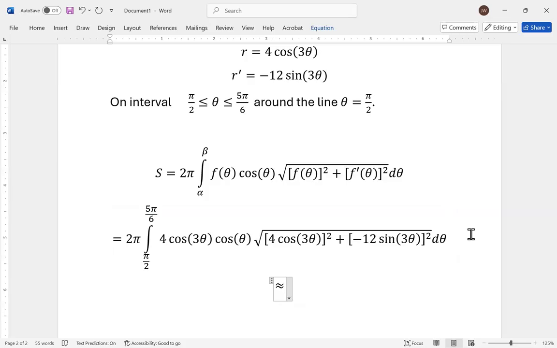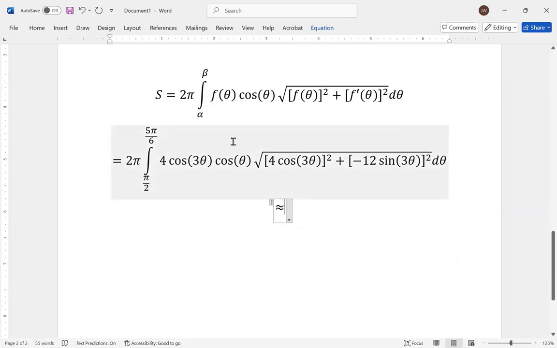Obviously, if you were tested on how to do this by hand, you'd have to use some trig identities and some simplification processes, but it's not crazy, though it's not very fun either. So I'm just going to take this whole thing and type it into my calculator and get an approximate answer.